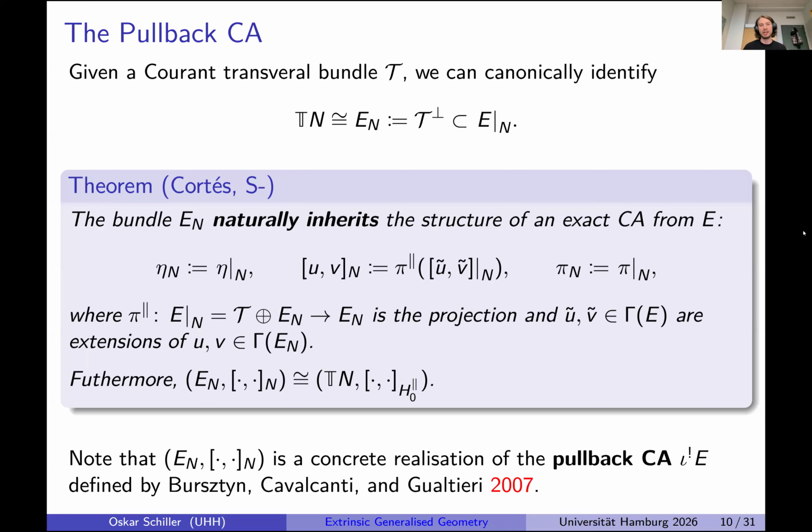You can also define the bracket, not directly via restriction because you have to work with extensions technically to make everything work, but this actually works. So you extend the sections to sections of the ambient space, then you employ the bracket of the ambient space, and then you can project the result. And similarly, you can define the anchor just via restriction.